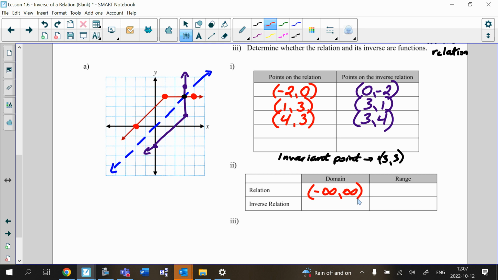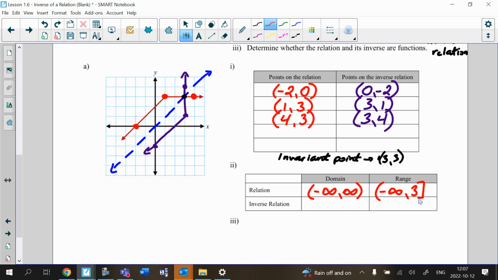Look at the purple one. That's the inverse one. What's the domain of that one? Furthest left, negative infinity. Furthest right, where?